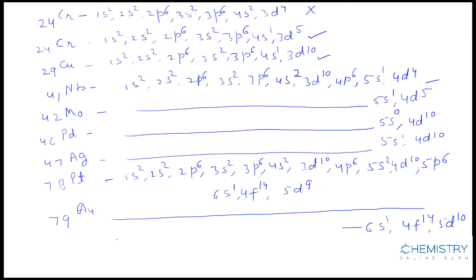Now, the configuration of ions. If we want to write the configuration of Na+, then first of all, find the number of electrons present in Na+.